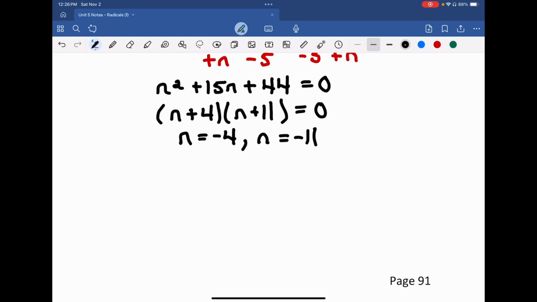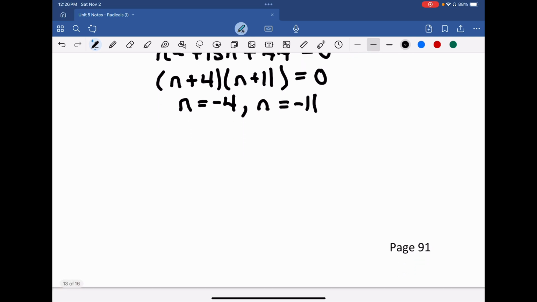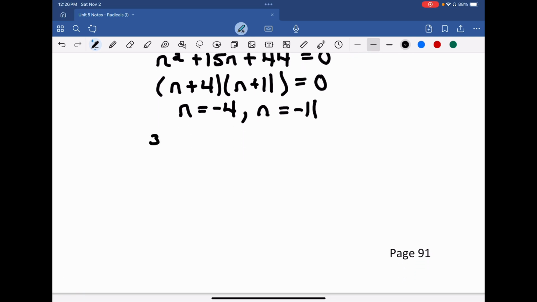Okay, now from here, let's double check and see which solutions work. In our verification process, we're going to go for part number 3. Let's start off with negative 11. Negative 11 minus the square root of 5 minus negative 11, close the bracket, is equal to negative 7.